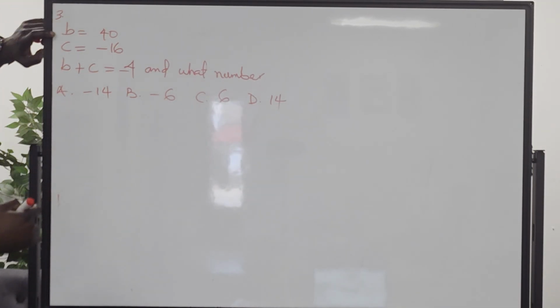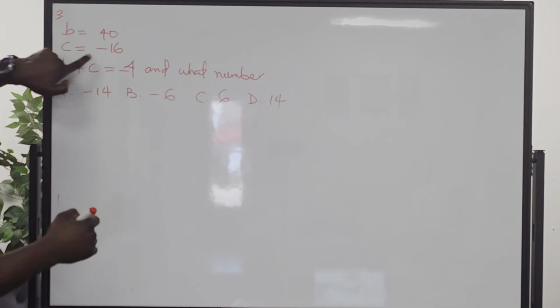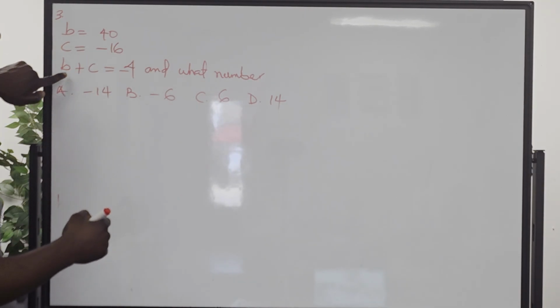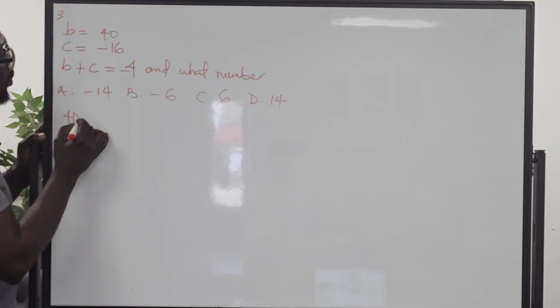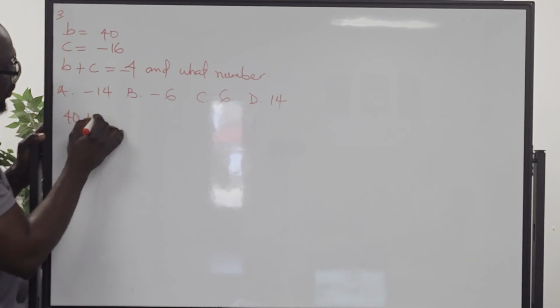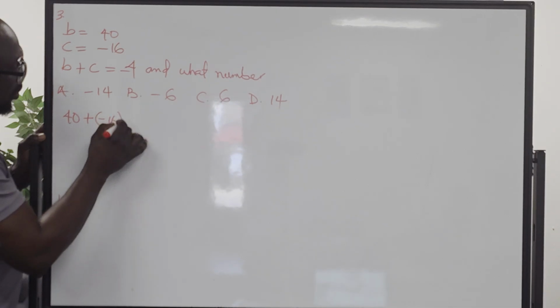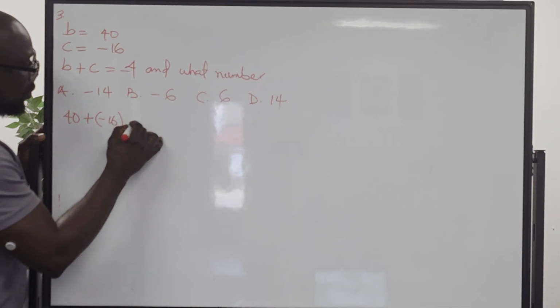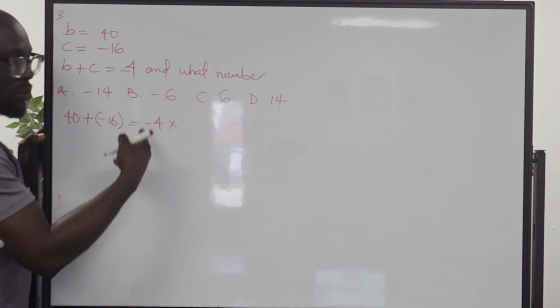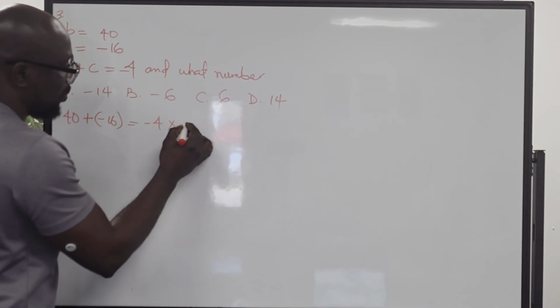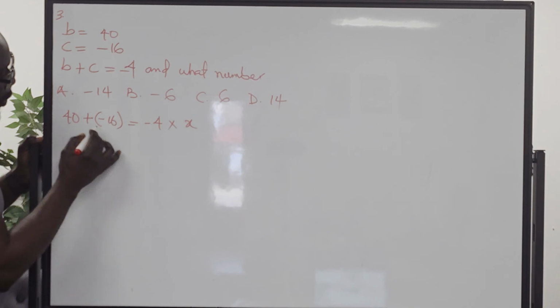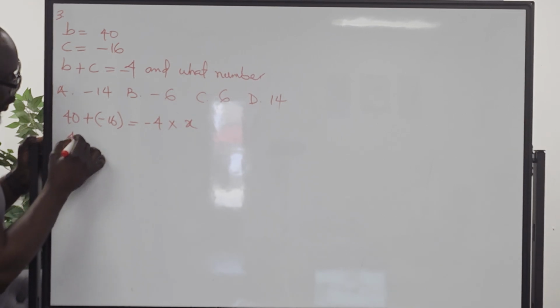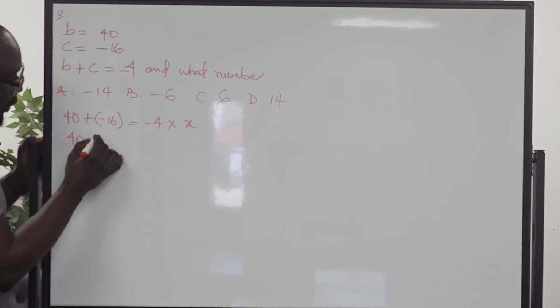So B is 40, C is minus 16. So B plus C, that is 40 plus minus 16, is equal to minus 4 times what number? We don't know the number. Let me call it y, so we don't confuse ourselves. 40 plus times minus is minus, so that's minus 16.